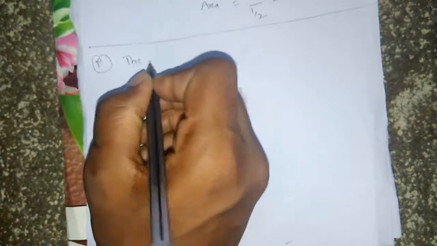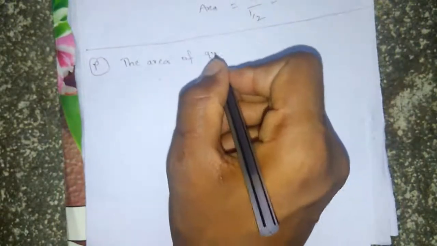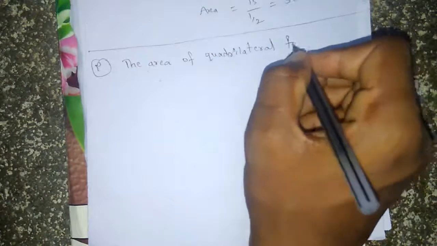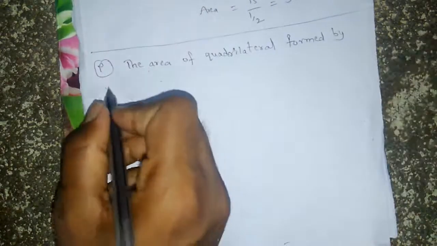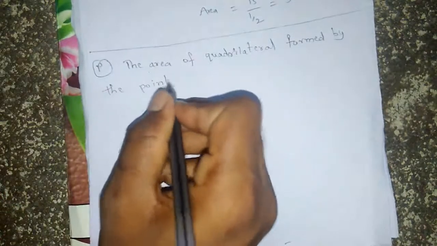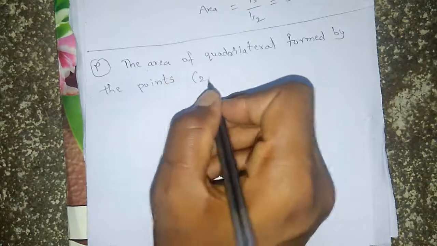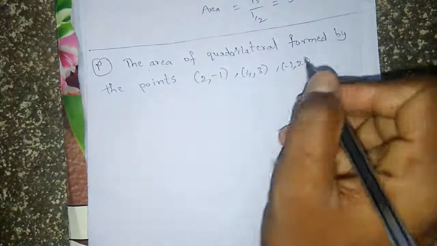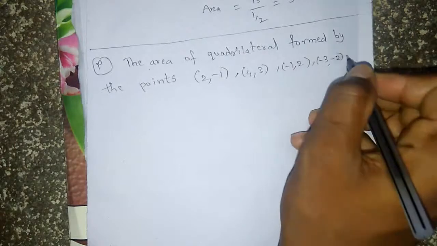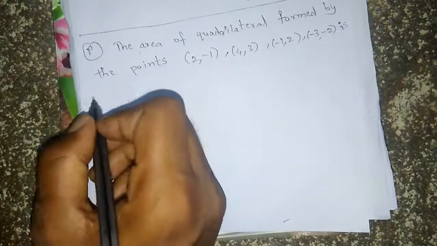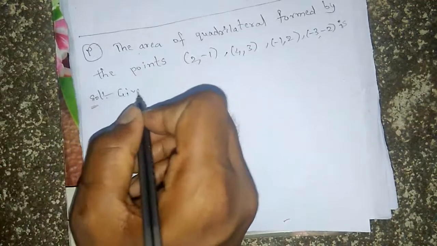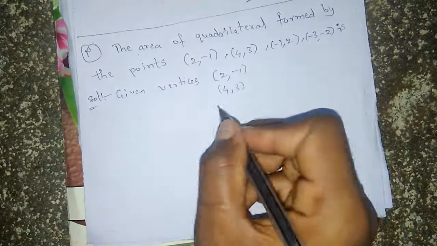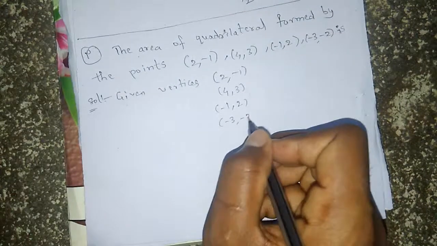Next problem is the area of quadrilateral formed by the points 2 comma minus 1, 4 comma 3, minus 1 comma 2, minus 3 comma minus 2 is... here given vertices are 2 comma minus 1, 4 comma 3, minus 1 comma 2, minus 3 comma minus 2.